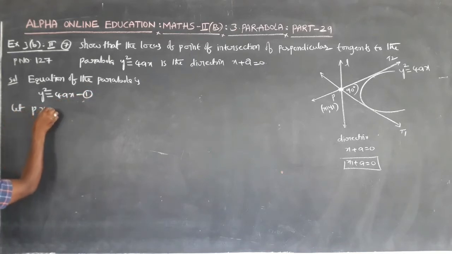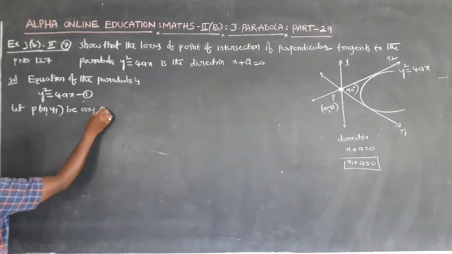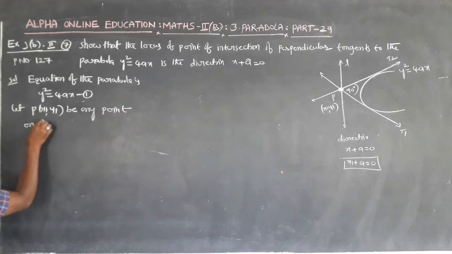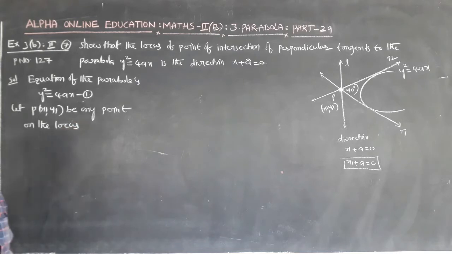Again, let P(x1, y1) be any point on the locus.